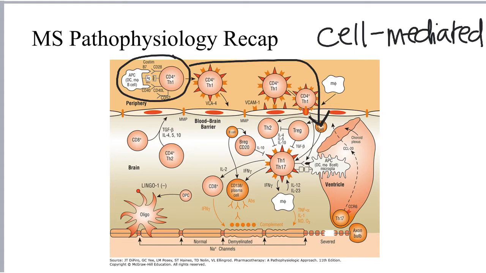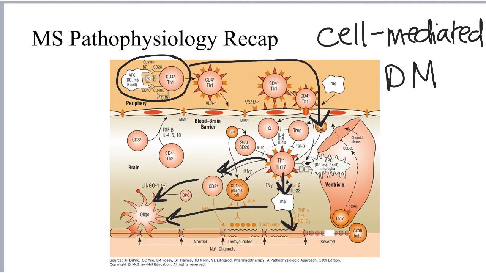T cells activate macrophage and CD8 positive killer T cells that then lead to damage of myelin as well as damage to oligodendrocyte cells themselves. However, as a reminder, remyelination can occur if this process is stopped early enough. And that is the premise of the disease-modifying therapies, or DMTs, that we'll cover in this section.